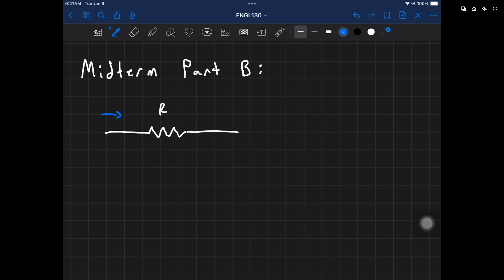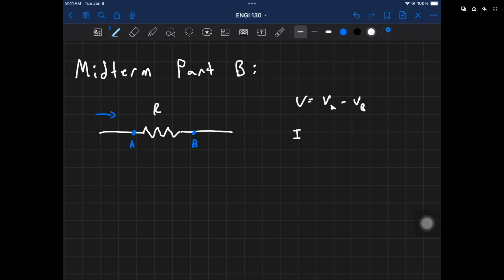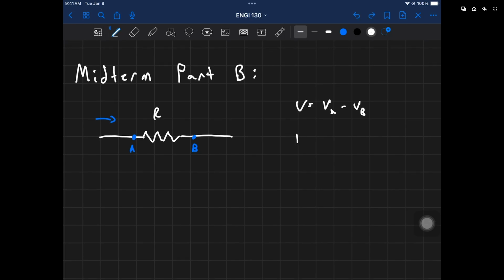We can take 2 points, point A and point B, and find the voltage at each. We can write that V = VA - VB, and that VA - VB = IR.